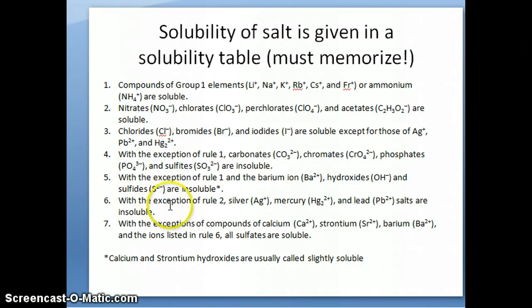You take 10 grams of a salt and put it in 100 milliliters of water. Given the type of salt, sometimes you can find salts where 10 grams will completely dissolve in 100 milliliters of water. Sometimes you'll find that when you put 10 grams of a particular salt, only maybe 0.1 gram or 0.01 gram of that salt will dissolve in 100 milliliters of water.